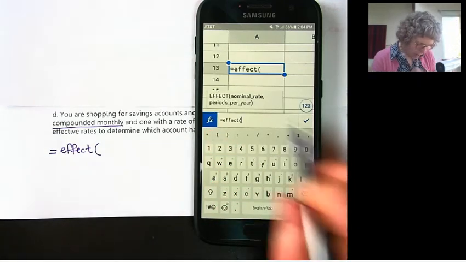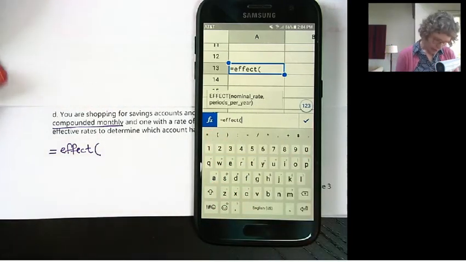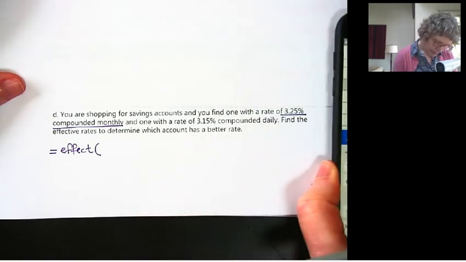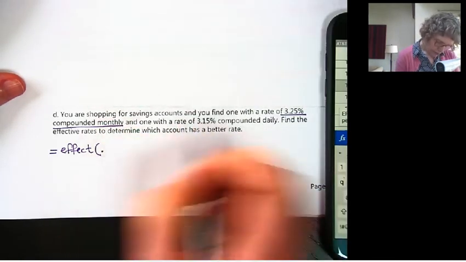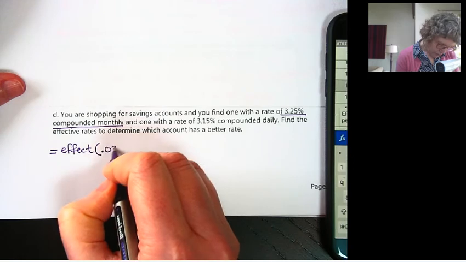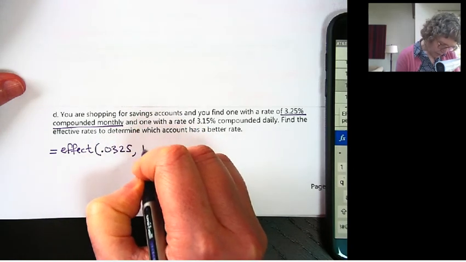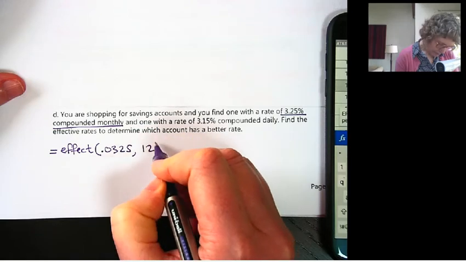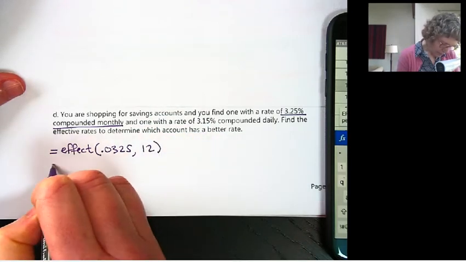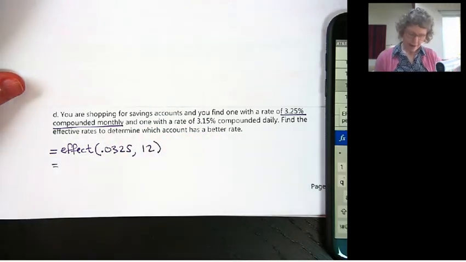Okay, so nominal rate and periods per year. The nominal rate is the rate that's stated. I do need to change it to a decimal though, 0.0325. Monthly would be 12 periods per year. Okay, so we're going to get an answer for that.